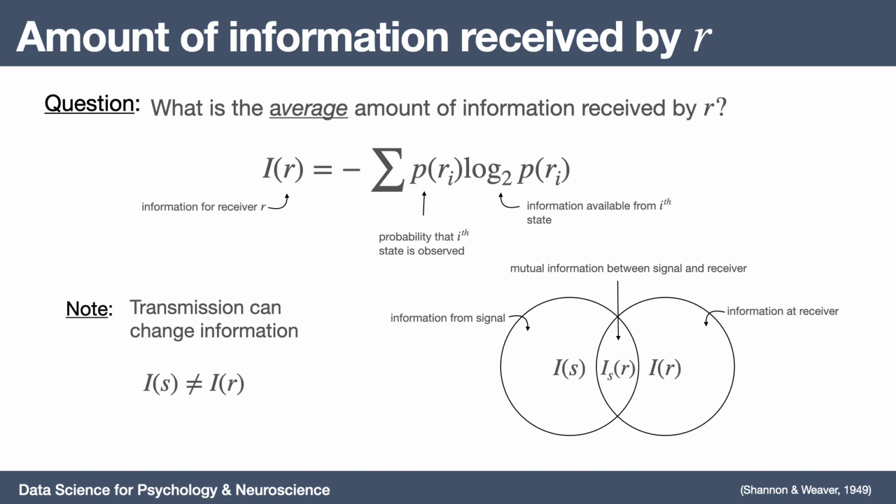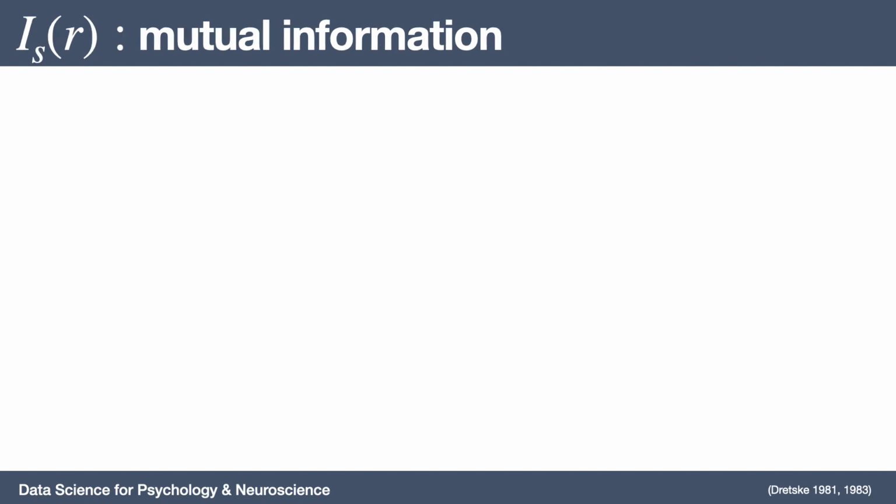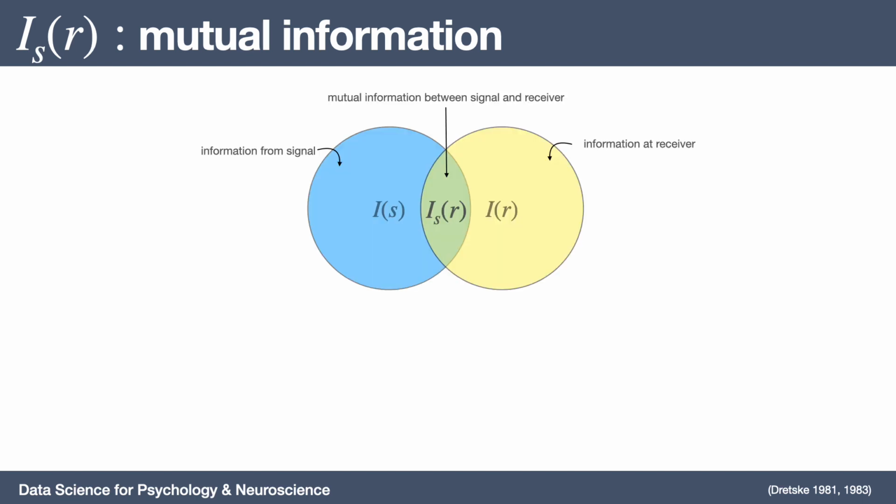Now, if you have information from the signal and information at the receiver, then the concept of mutual information is just, you can infer it automatically, right? It is essentially the overlap of information between the signal and the receiver. What is not explained by the mutual information, if it's on the signal side, we'll call equivocation. So this is uncertainty in the information being transmitted.